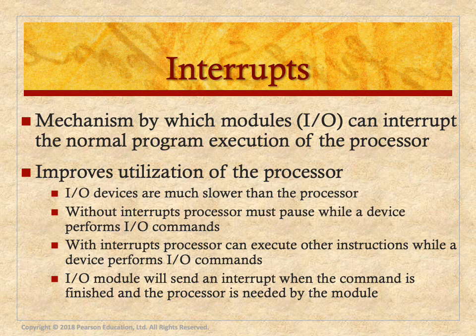We will look at a number of examples that will show you that interrupts can increase the efficiency of a computer system. The general idea behind interrupts is as follows. External devices, such as a printer, are much slower than the processor.